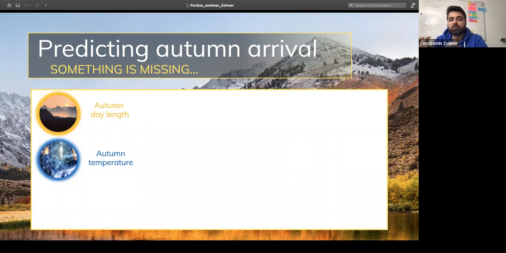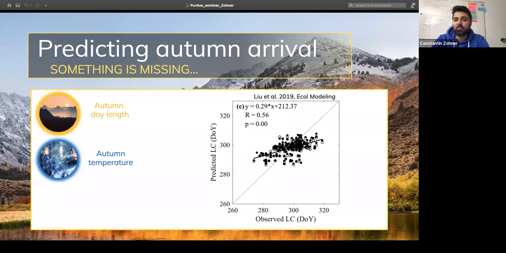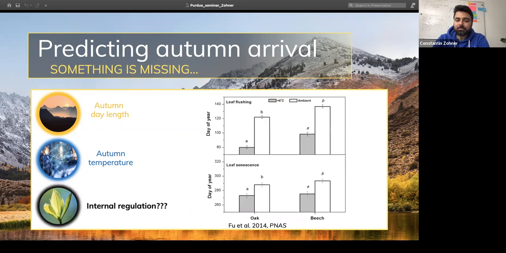So these so-called process-based phenology models were always based on autumn day length and autumn temperature, a combination of these two cues. The problem was that these models could predict some of the variation in autumn senescence, but they didn't work too well. So it always seemed that we are missing something here and we don't see the full picture.